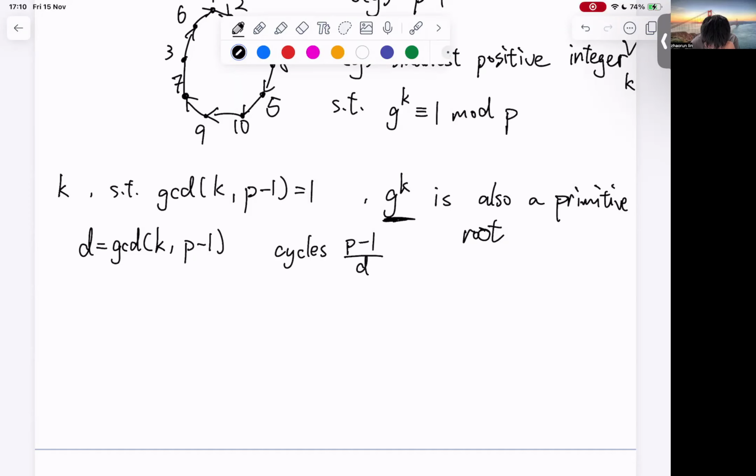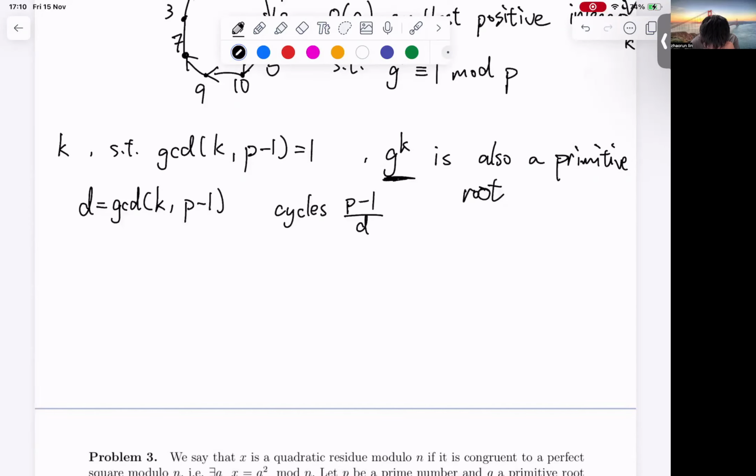When d is 1, we have a cycle of length p minus 1, so this is a primitive root. But if d is not 1, then the cycle has a length smaller than p minus 1, so it cannot exhaust all of the p minus 1 elements. So g to the power of k is not a primitive root.